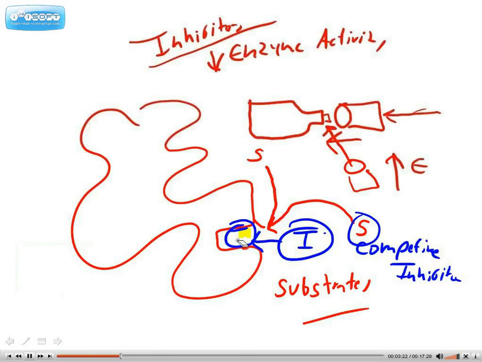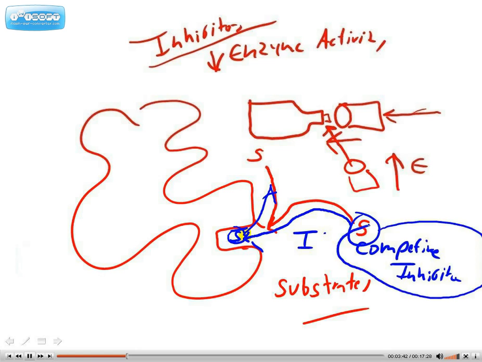It could have been that even though the inhibitor was coming, all of a sudden the substrate cut off the inhibitor and was catalyzed at the active site. So whenever you have a substrate and inhibitor competing, we call this a competitive inhibitor.